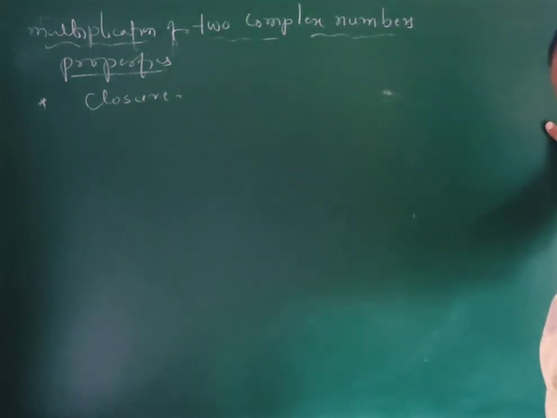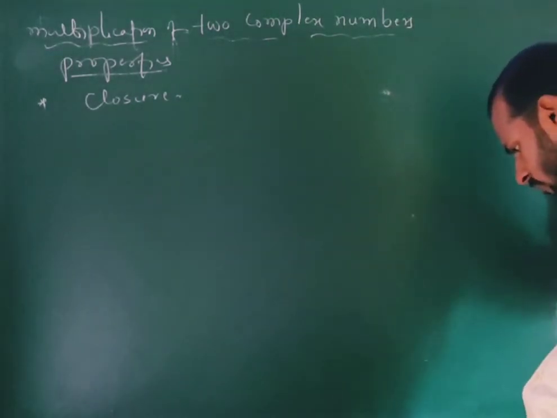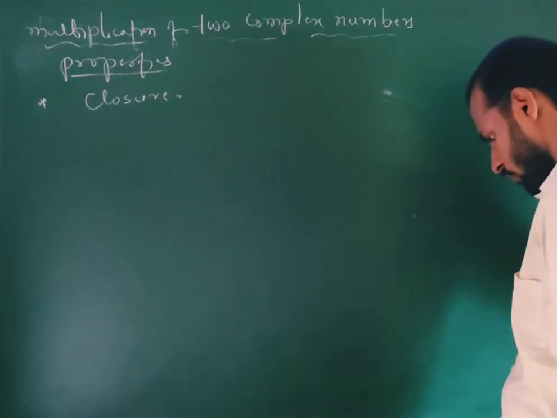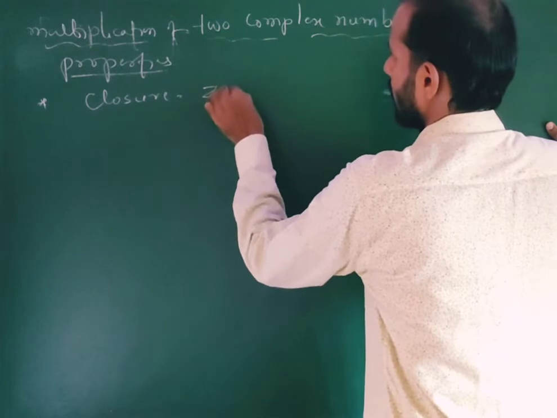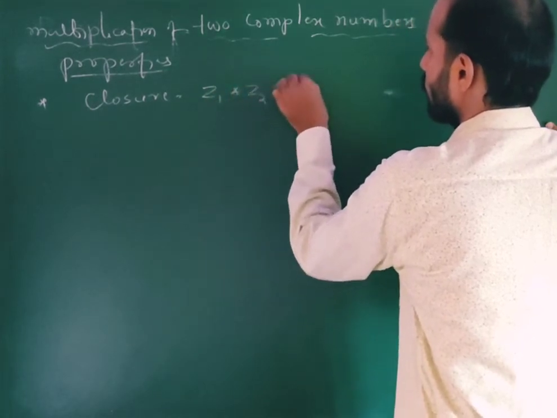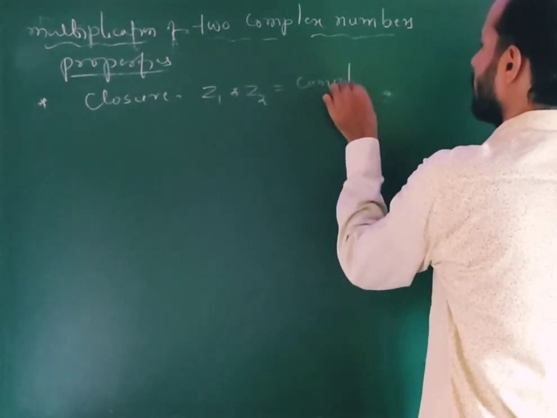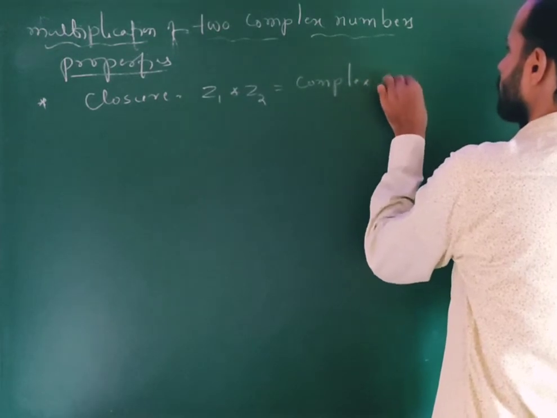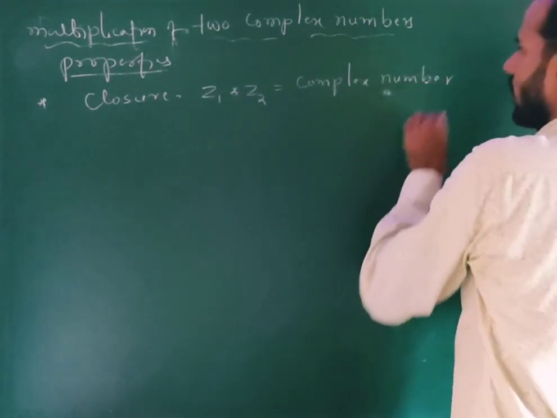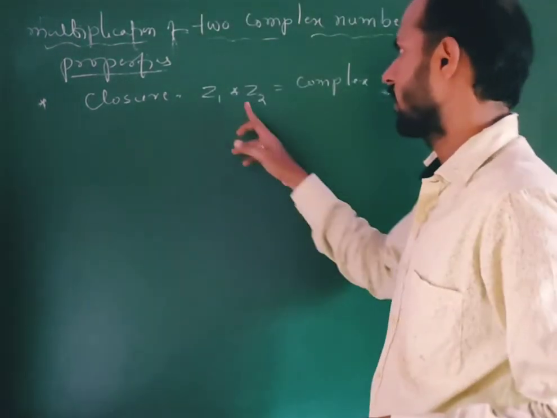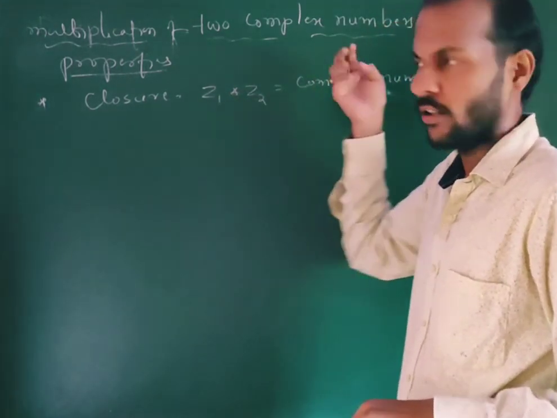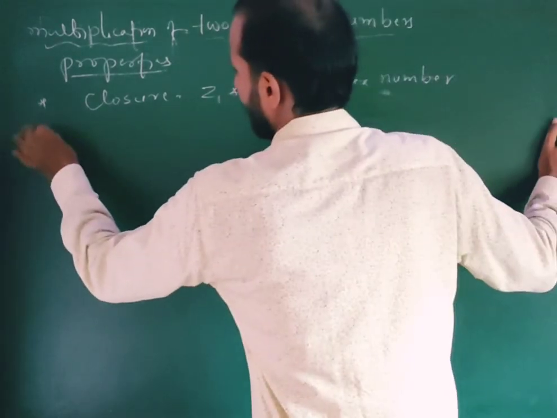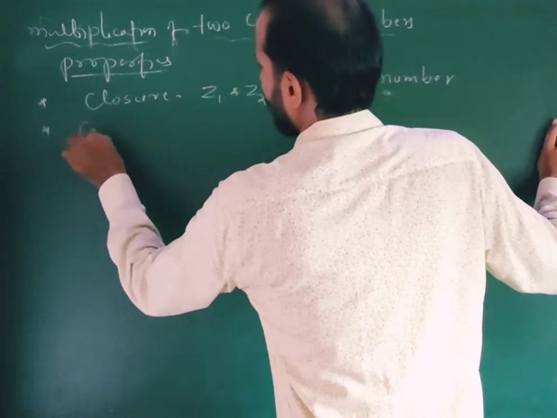What does it show? Z1 into Z2 is a complex number. In addition, we have also seen the closure property: Z1 plus Z2 is again a complex number. Here also Z1 into Z2 is a complex number.